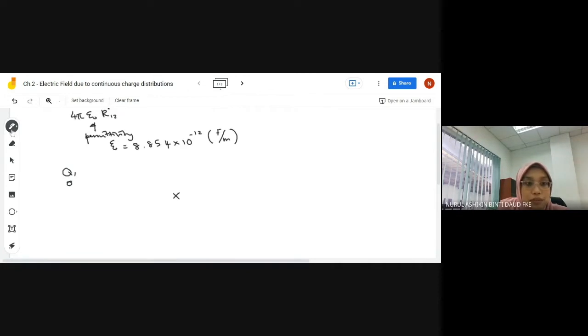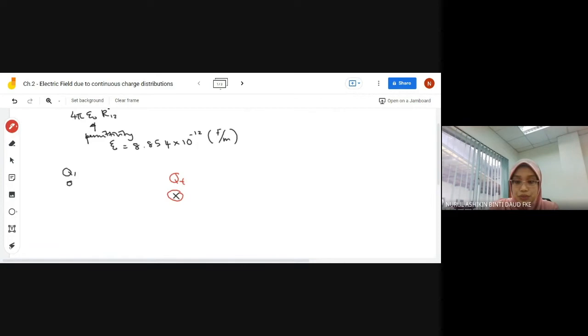If you still remember, as I mentioned before, this field can't be seen, and in order for us to define it, we assume that there is another point charge here, which can be written as Qt.